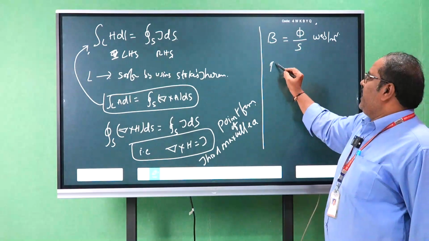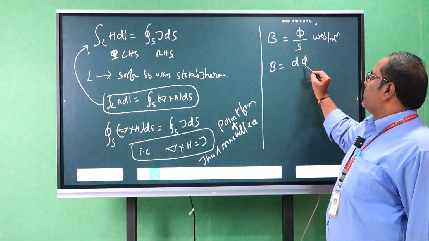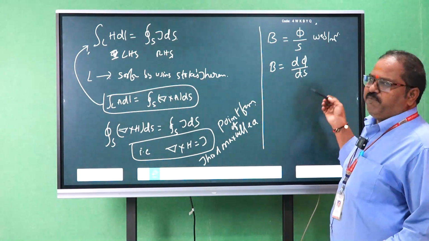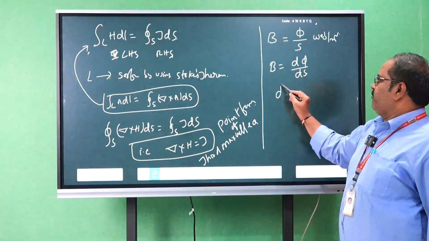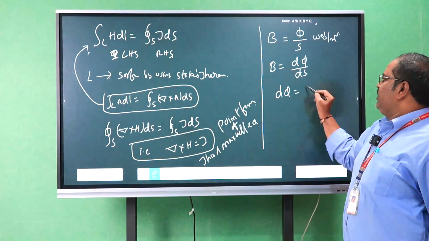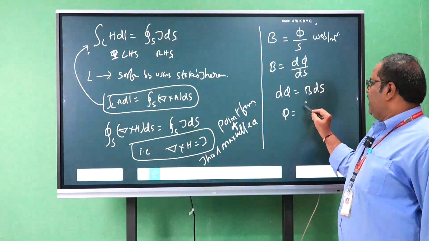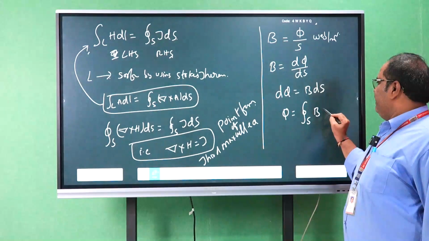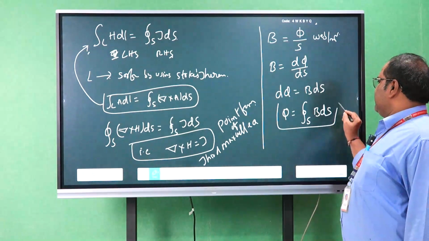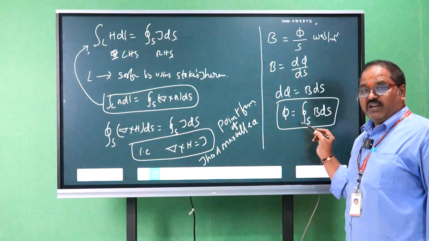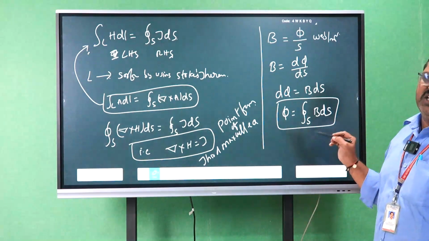Also simply, B is equal to differential flux by differential surface area. So d phi is equal to B into dS. Therefore, phi is equal to the surface integral of B dS. Very, very important: the magnetic flux is equal to the surface integral of the magnetic flux density.